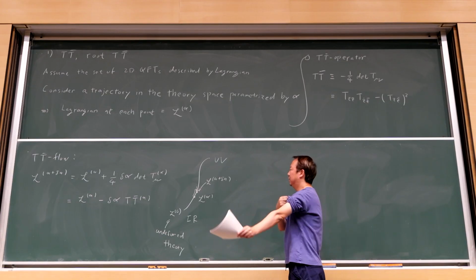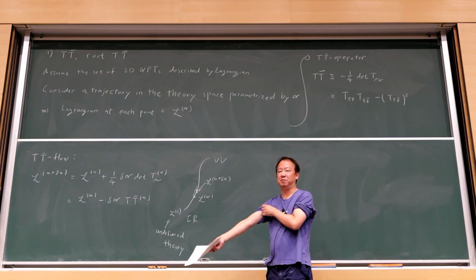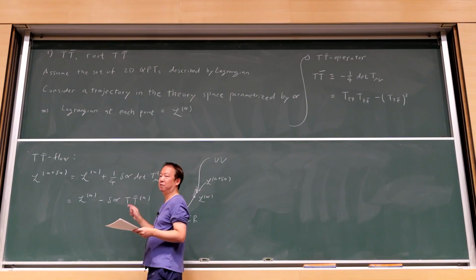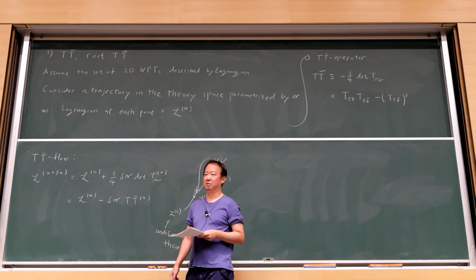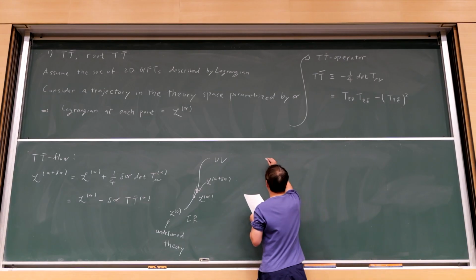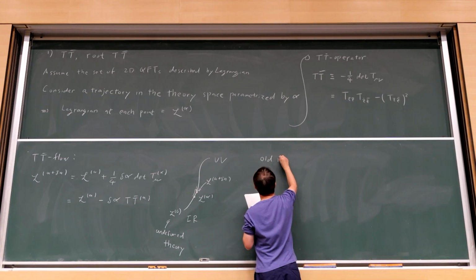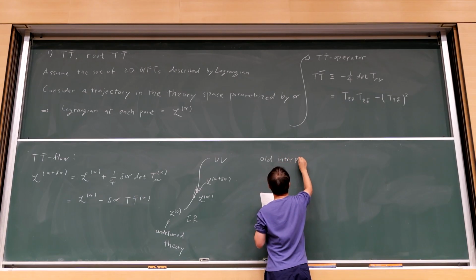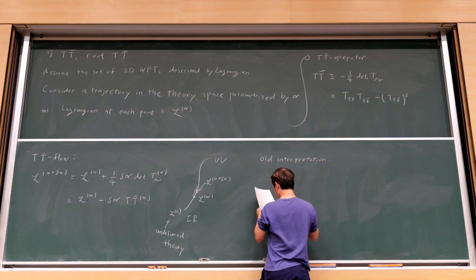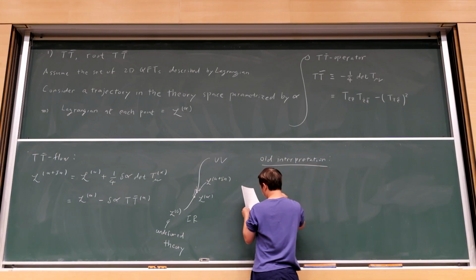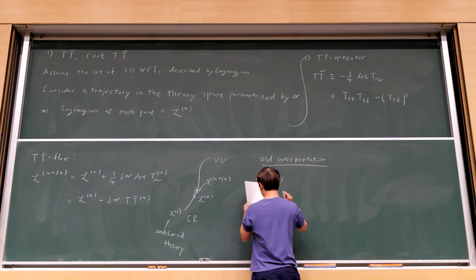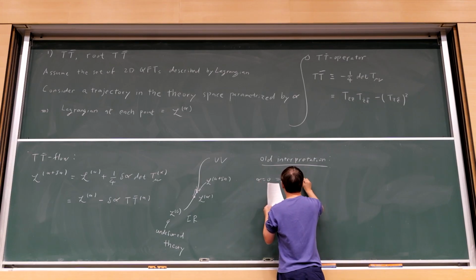And actually, there are two kinds of interpretations of TT bar flow. One is called the new interpretation. So the old interpretation is like this. Alpha equals 0 is inserted.